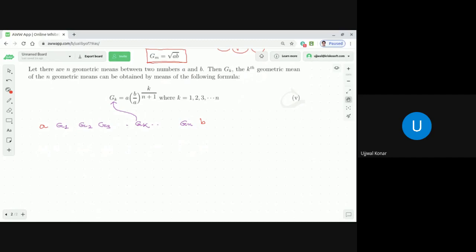One thing you are pretty sure of is that A, G1, G2, G3, Gk, Gn up to B, they all are in geometric progression. Correct or not? Yes. As they are in geometric progression, let us assume that the common ratio is R. This is a geometric progression, correct or not? Yes. This is in GP.